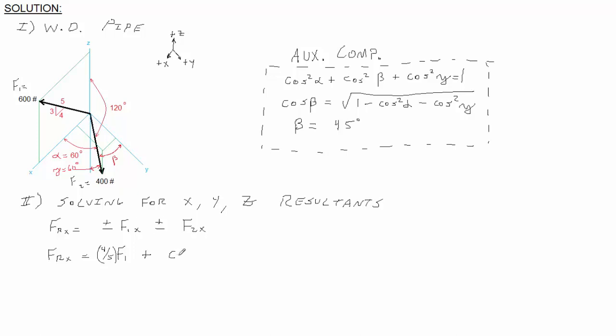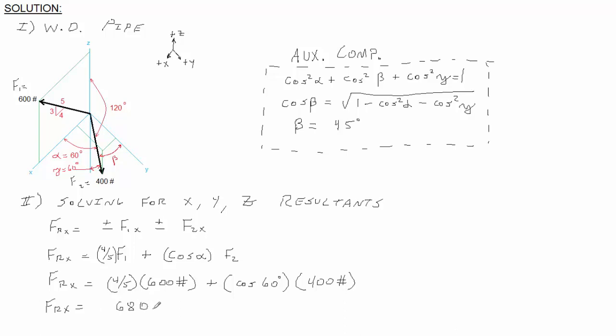So that would be cosine alpha times F2. Now we can plug our values in, and FRx equals 680 pounds. Once again, remember that that needs to include a positive sign. Underline your answer 3 times, and we have found the resultant x component.